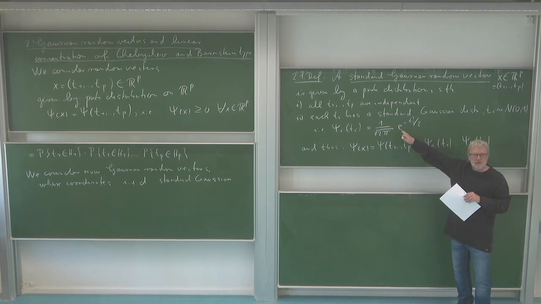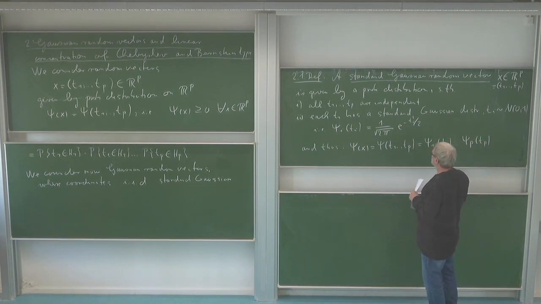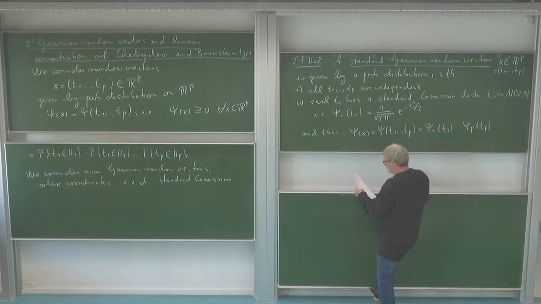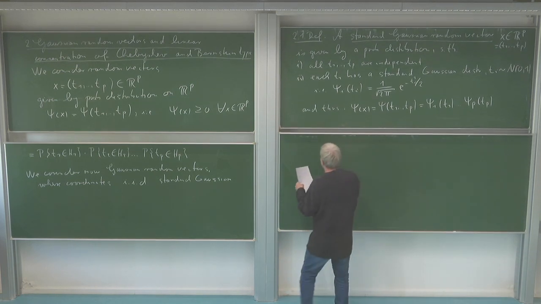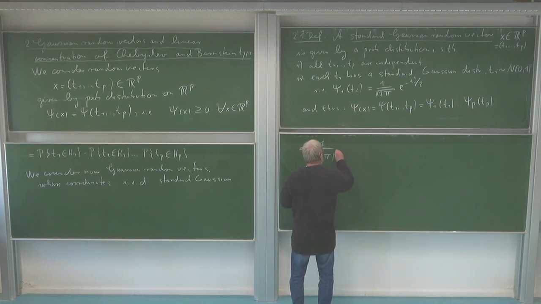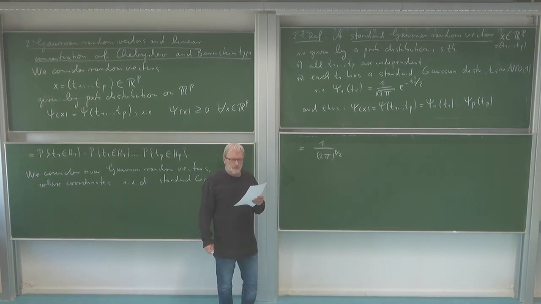But each of them has this distribution here, and so this means just collecting terms. Each of them has a factor 1 over square root of 2 pi. So we get this p times. So what we get is 1 over 2 pi, which we have p times, but each of them is a square root, so it's 2 pi to the power p over 2.